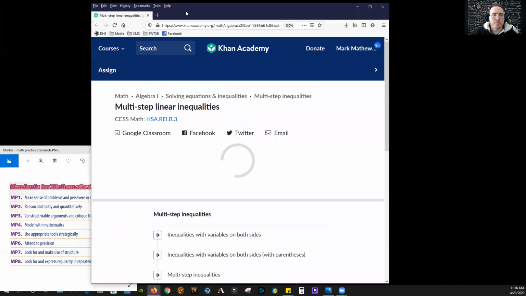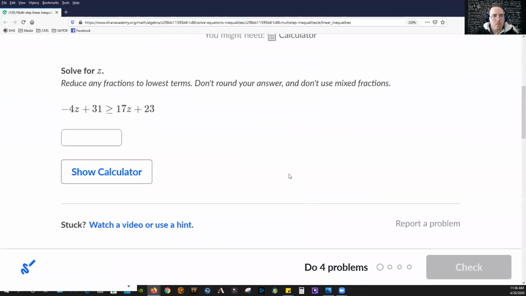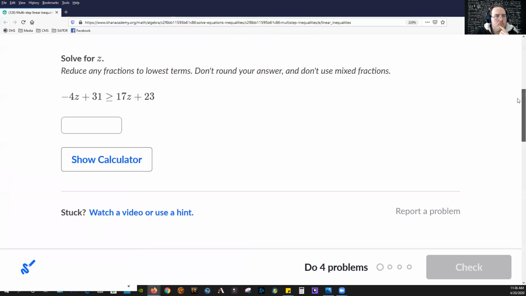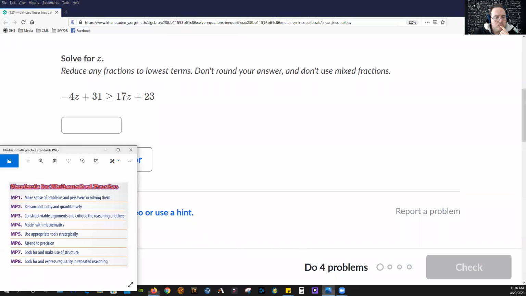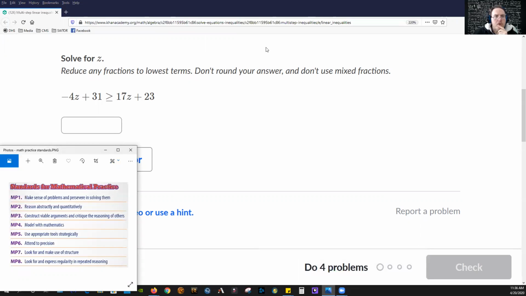All right, let's look at this one. Get my math practice standards out. First thing I need to do is just make sure I'm understanding this problem.